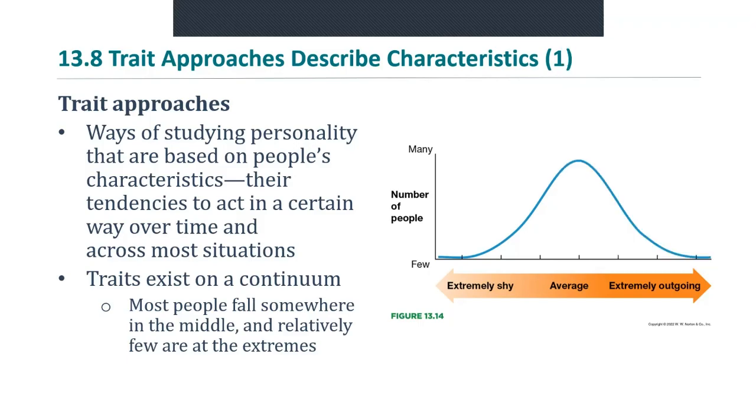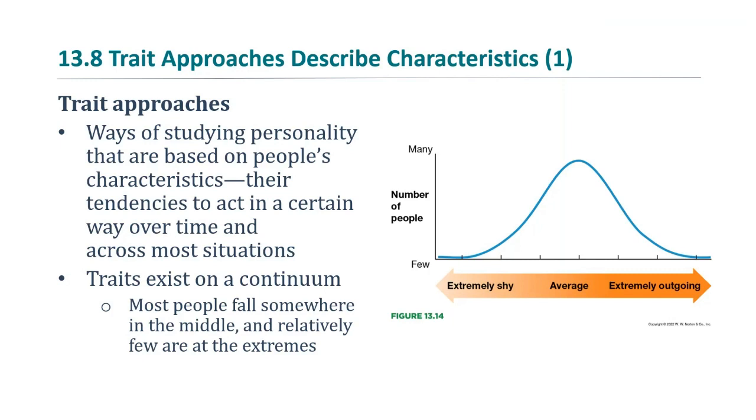Trait approaches are primarily interested in describing and understanding the structure of personality. What are the components that make up personality? So trait approaches are ways of studying personality that are based on people's characteristics, their tendencies to act in a certain way over time and across most situations.